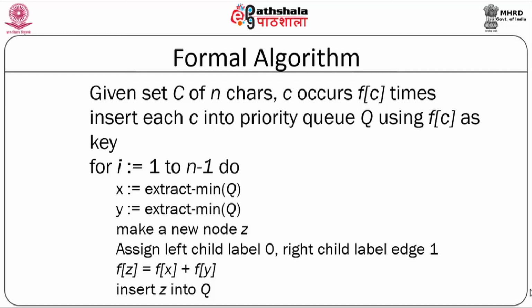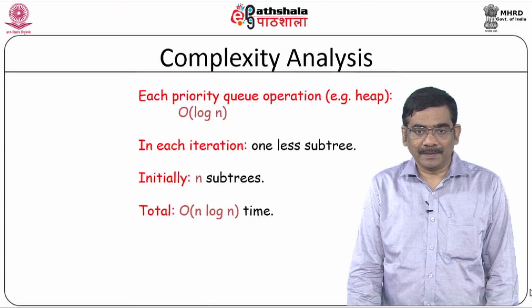Then we create a new node z, add the frequencies, and assign the left side as 0 and the right side as 1. Then we add this z onto the queue and repeat this process from 1 to n minus 1. Therefore, at the end of all the iterations you have the encoding tree.